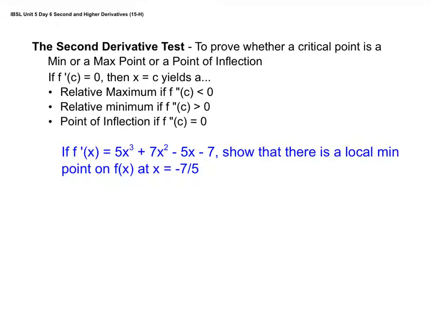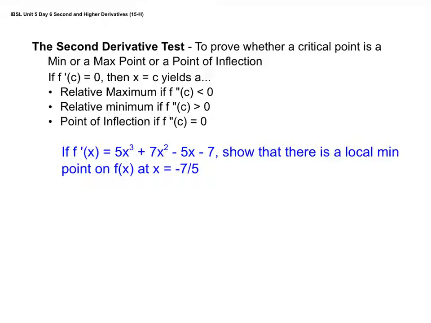So, earlier when we were talking about max and min points, we said that there were two ways to prove that a point is a max or a min point. The first step in this whole process was to prove that its x value was a critical value. So you took the first derivative and set it equal to 0, and here, do we get negative 7/5 to give us 0 on our derivative?